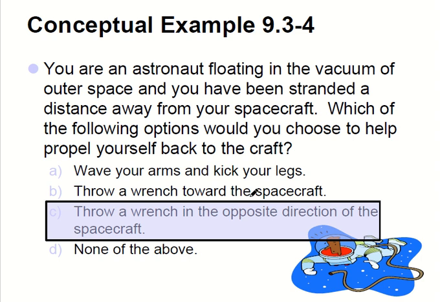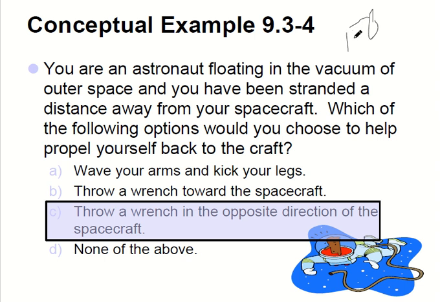Throw a wrench toward the spacecraft. So here is a spacecraft, and this is you, and you're going to throw the wrench towards the spacecraft, like this. That moves the wrench towards the spacecraft, which will cause you to move even farther away from the spacecraft.